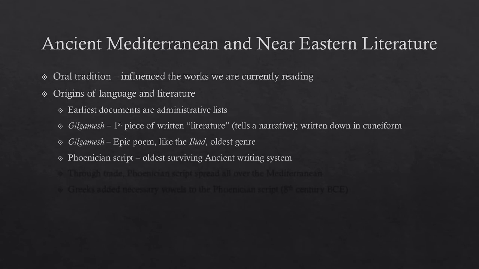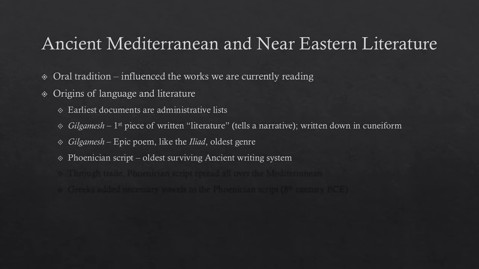The Phoenician script, the Phoenician language, is the oldest surviving ancient writing system. And so the cuneiform, which I said was like the hieroglyphics that Gilgamesh was written in, didn't really survive, in terms of the word I'm using there, survival.